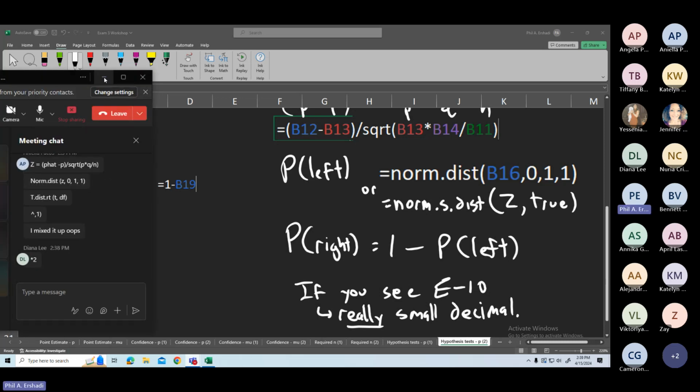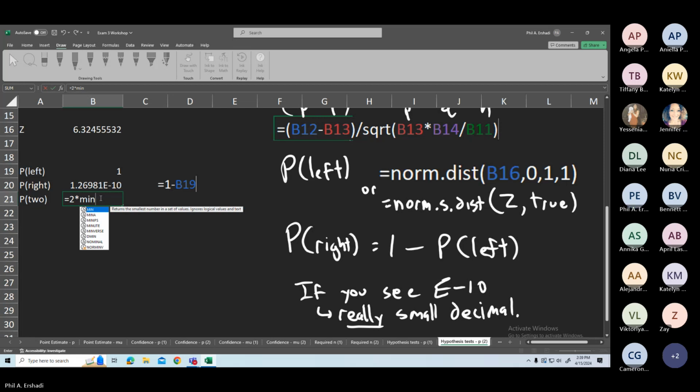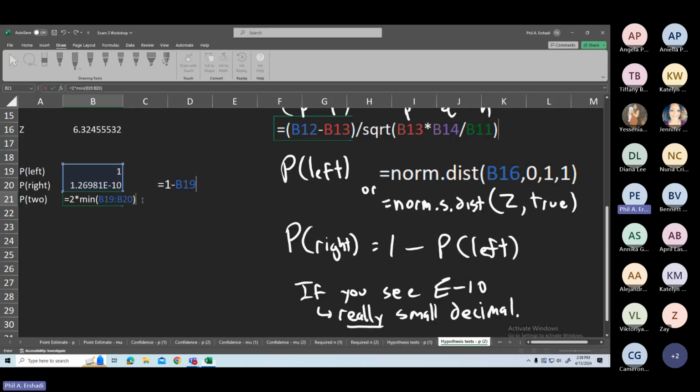I'll tell you a way that might help you, okay? So to get the 2 tail, what you can say is 2 multiplied, and then you want to take whichever one of the 2 above answers is lower. So you're going to say MIN to tell Excel to look for something that's lower, open parentheses, and then select your 2 tails. So 2 times the lower of the 2 answers above. And so there's your Excel formula.